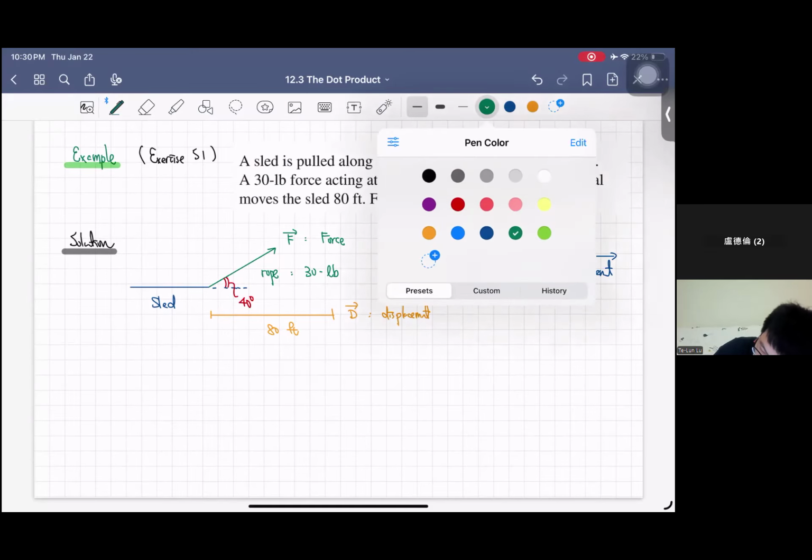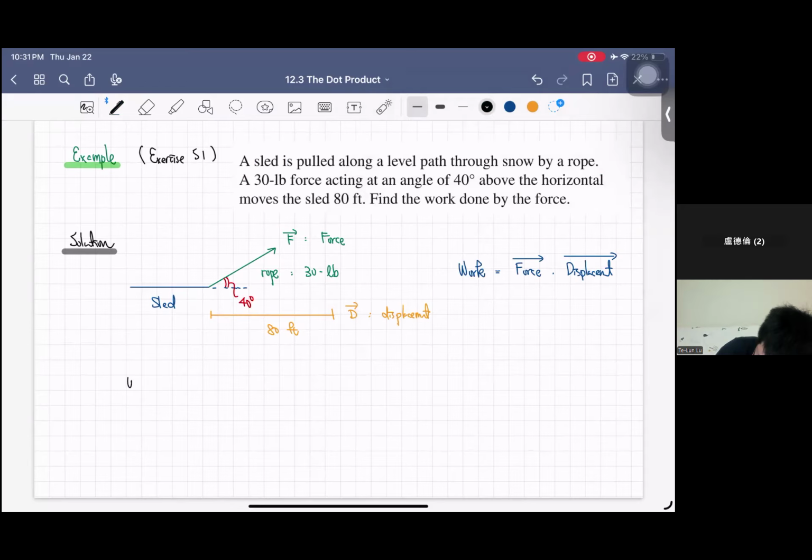So in our calculation, the work will simply be, we can apply it through our formula, right? Actually, let me first write down this. F dot D. And that is F, W, oh, D, my bad.